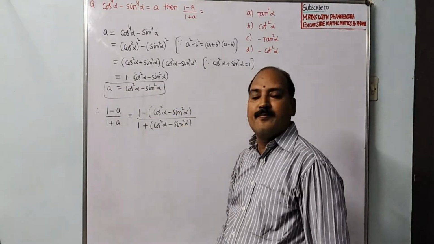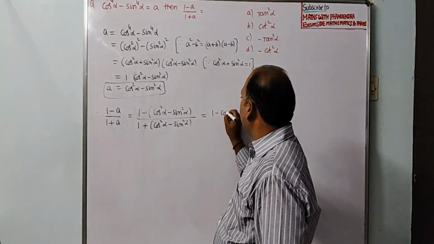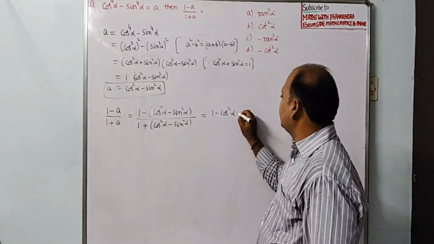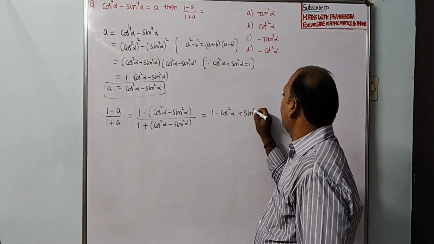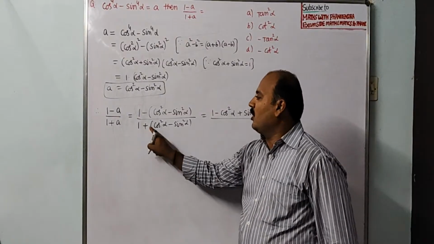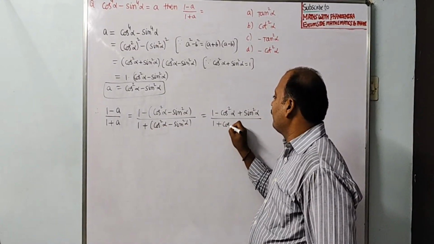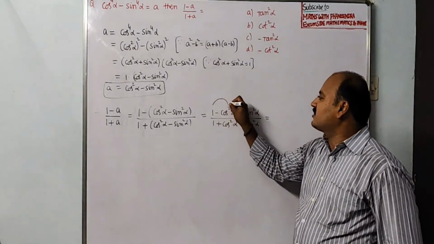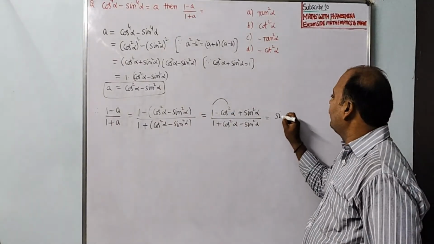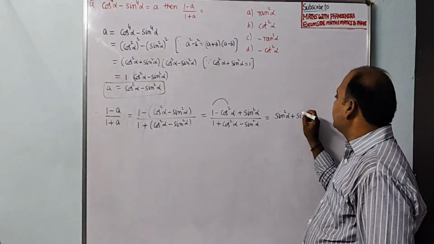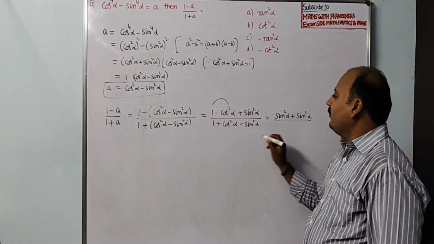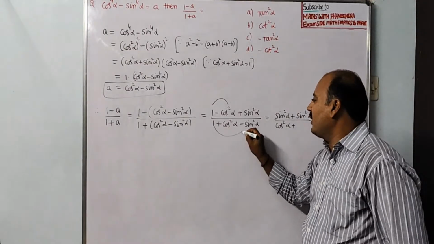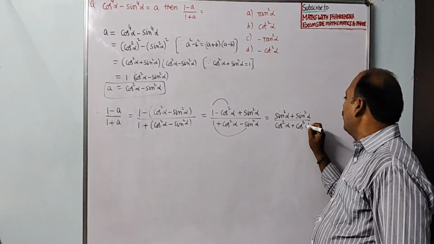Which is equal to (1 minus cos square alpha plus sin square alpha) divided by (1 plus cos square alpha minus sin square alpha). 1 minus cos square alpha is sin square alpha, plus already sin square alpha is there, by cos square alpha plus 1 minus sin square alpha is also cos square alpha.